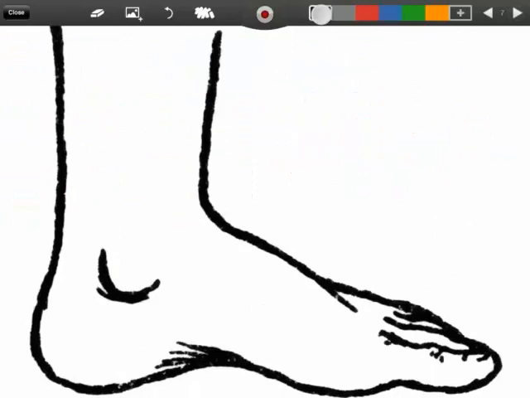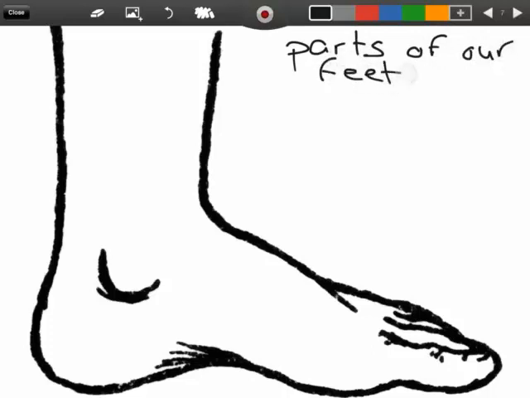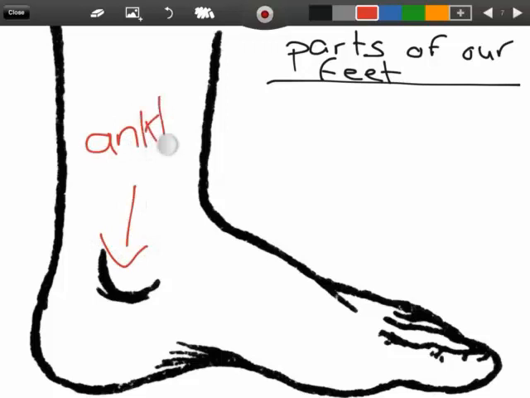Now, I'm going to go ahead and give you the names of the parts of our feet. So I'm going to go ahead and write parts of our feet. Now, as I have shown you before, this is a foot. Here, I'm going to go ahead and point this out, is an ankle.